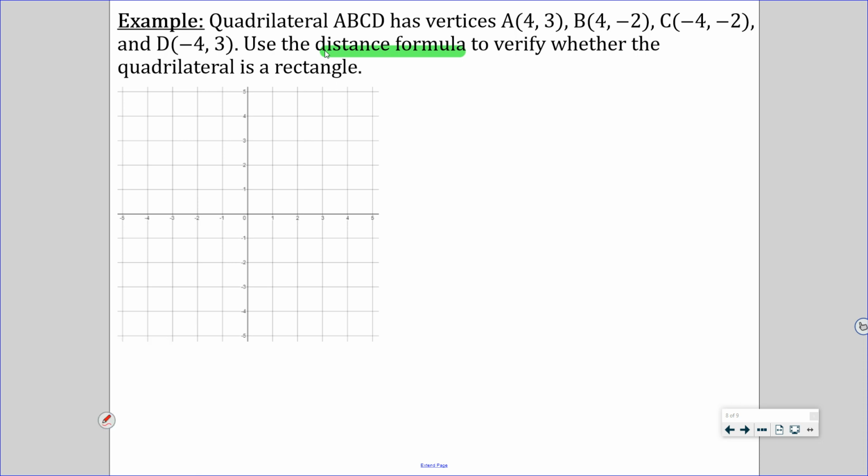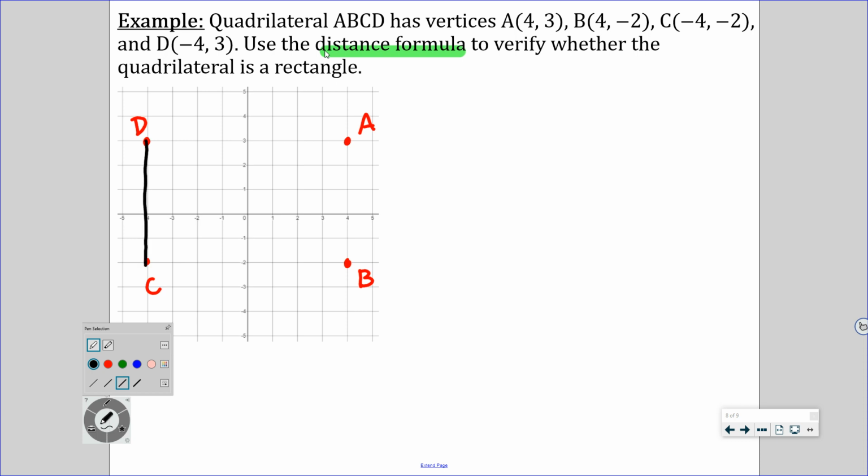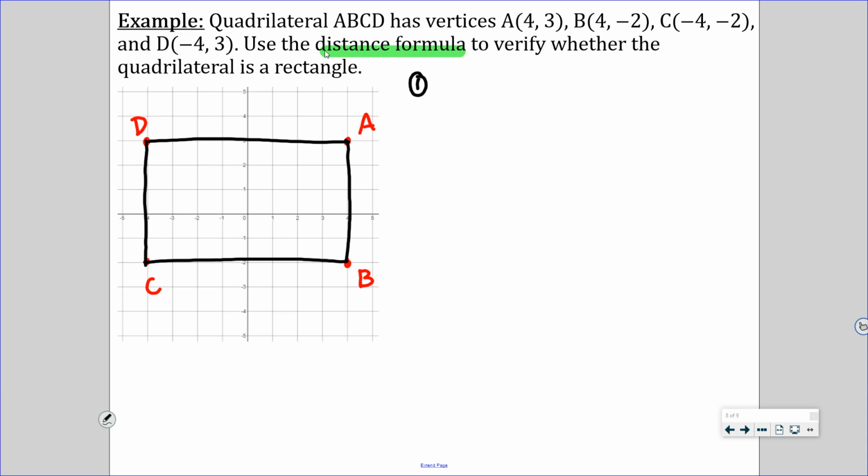All right, let's go ahead and plot this now. 4, 3. 4, -2. -4, -2. -4, 3. All right, to do this, first you're going to show that it's a parallelogram.